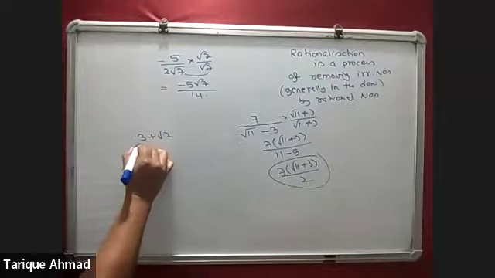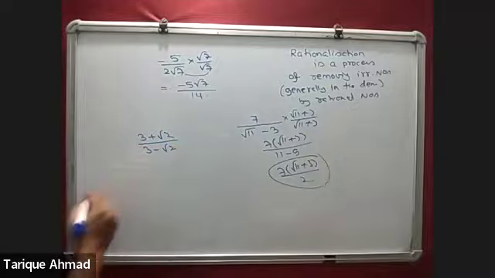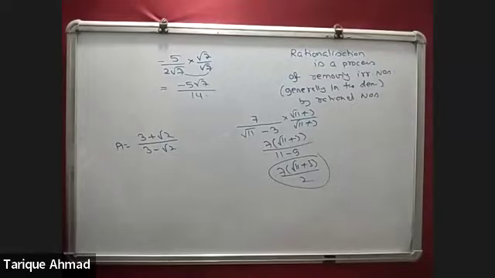3 plus root 2 by 3 minus root 2. Rationalize this one and tell me the value. You can do it in the notebook, then tell me.